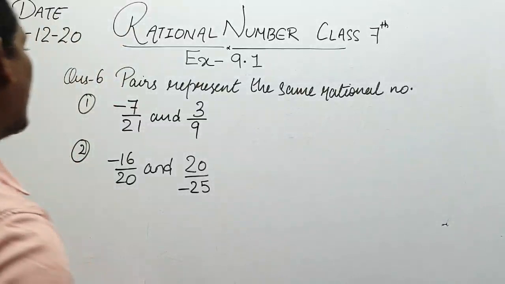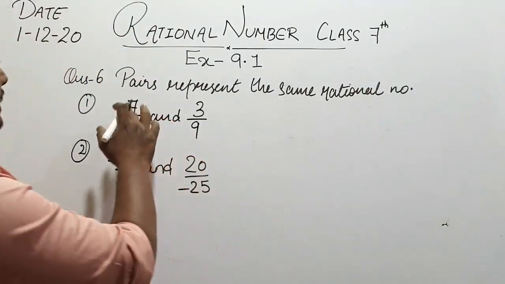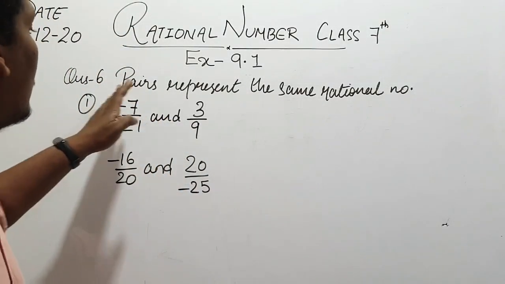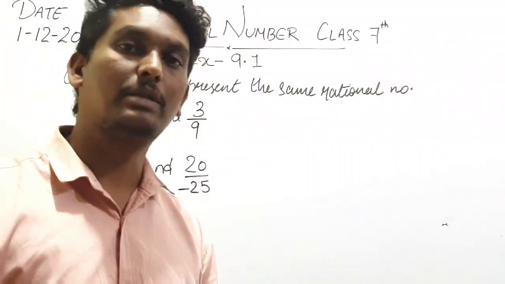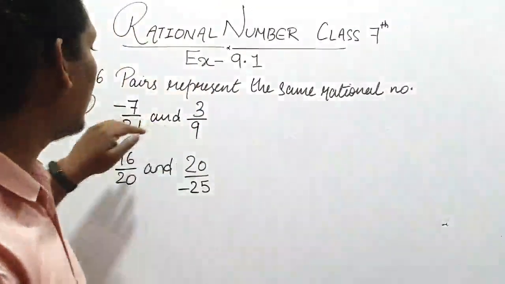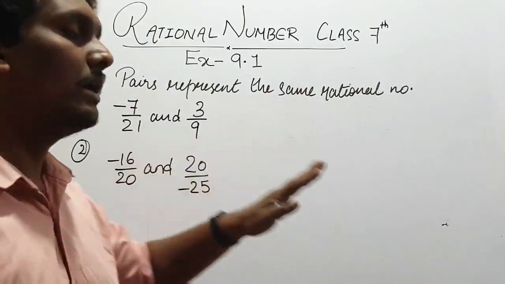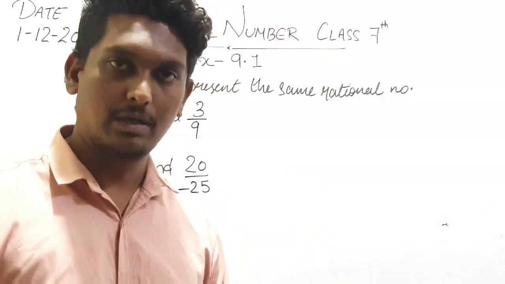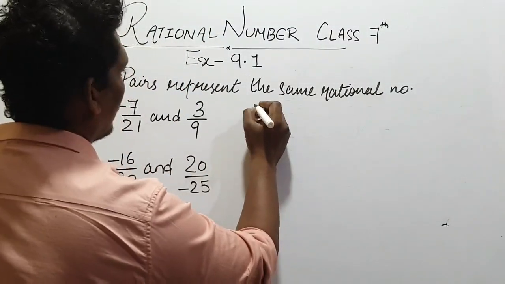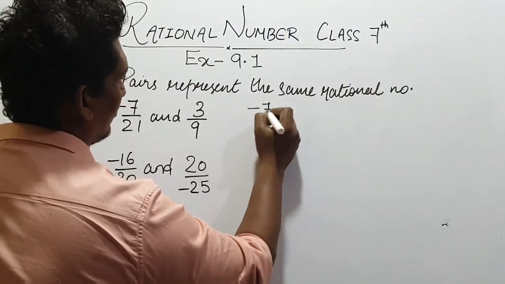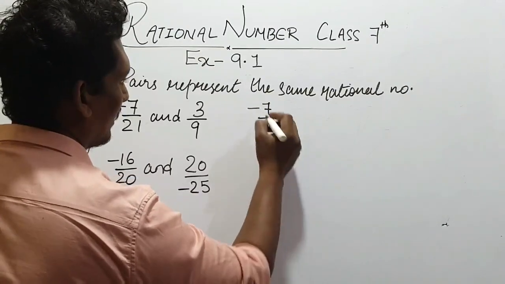So in such a type of case, where one rational number is negative and the other number is positive, we can't get any equivalent rational number, right? For example, take -7 and 21.